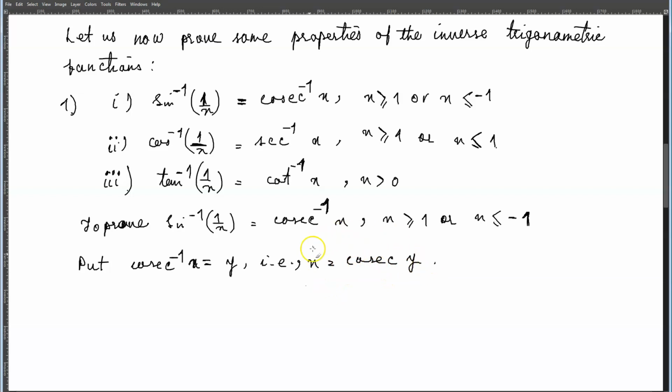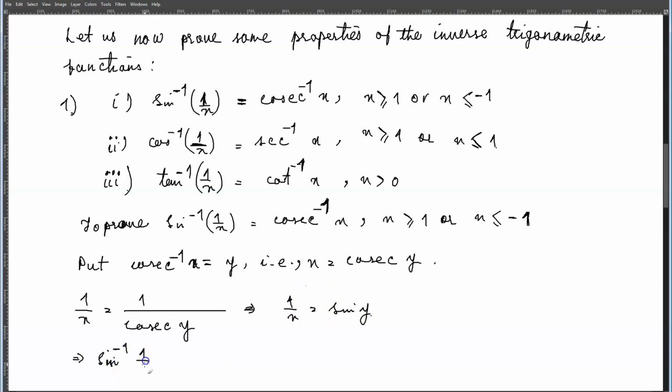And so if I take the reciprocal of both sides of this equation, I will get 1 over x is equal to 1 over cosecant of y, which is the same thing as 1 over x is equal to sine of y. That means that the sine inverse of 1 by x is equal to y, right?